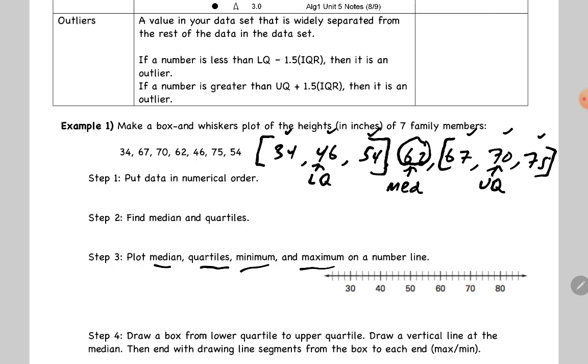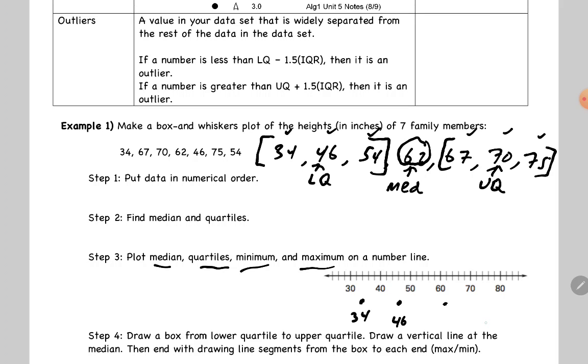Our minimum is 34, so that's probably here. And then you're going to label. 46 is here. 62 is here.